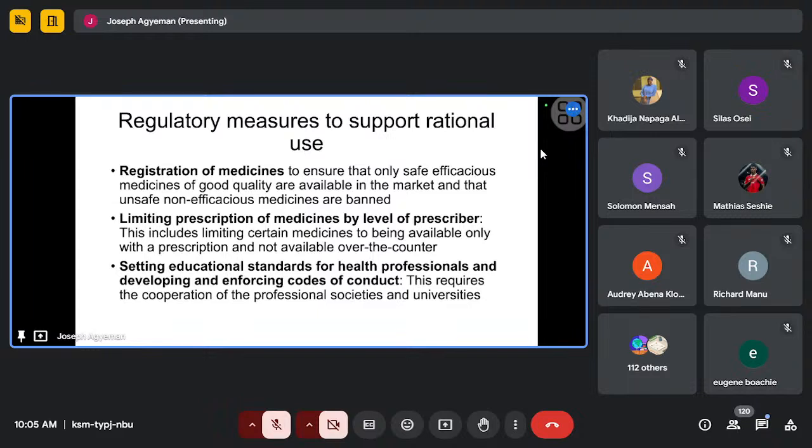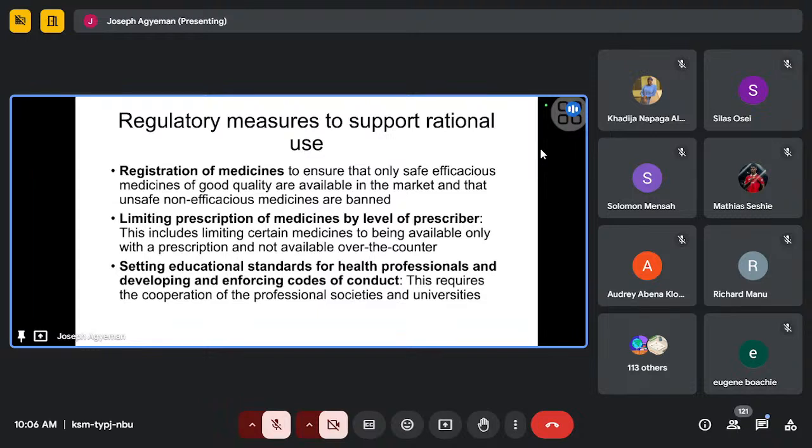You realize that all the cases that are deemed as professional misconduct in one way or the other can be linked to irrational drug use. If you are supposed to be at the pharmacy as the superintendent pharmacist and you decide not to stay there, once you are not there, almost all the things that go on there could result in irrational drug use. Giving medications to patients without any information can happen.